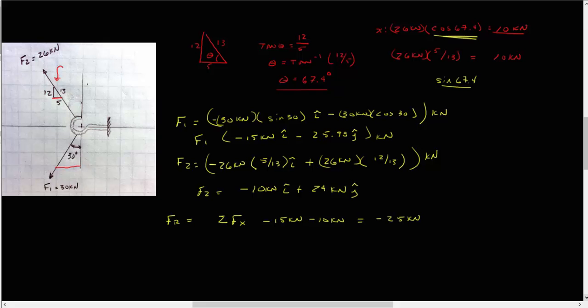That's in my x direction. If I sum my forces in the y, I got negative 25.98 kilonewtons plus 24 kilonewtons, and that came out to be a very small number. We'll just call it 2 kilonewtons.